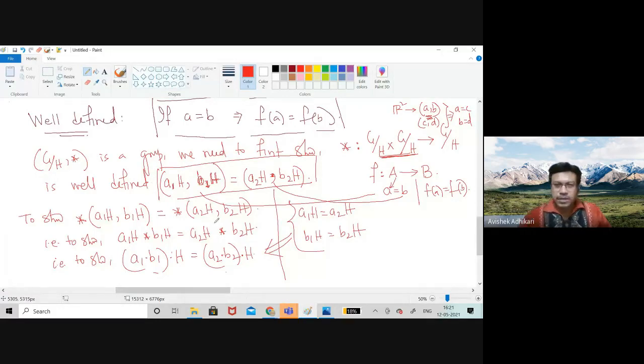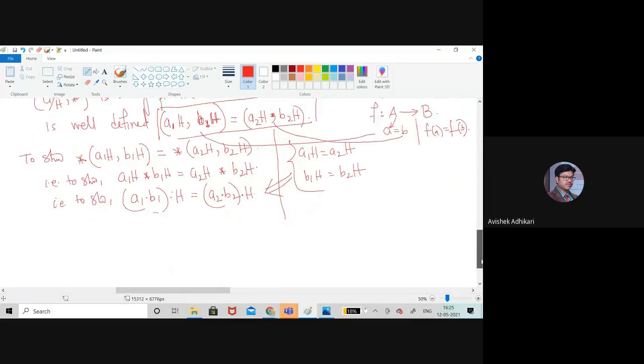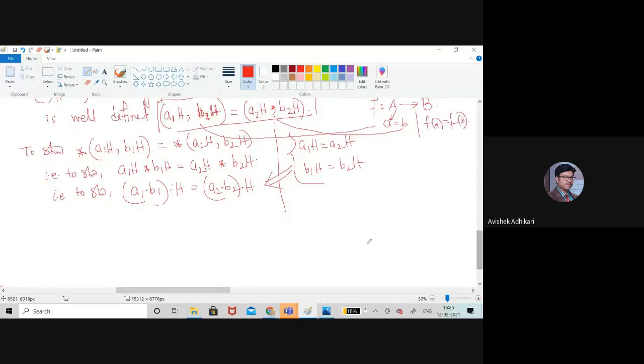Is the motivation clear to all of you? We need to prove that if they are same, then this happens. Okay, so how to prove that? Somehow this A1 and B1 has to be transferred into A2 and B2.